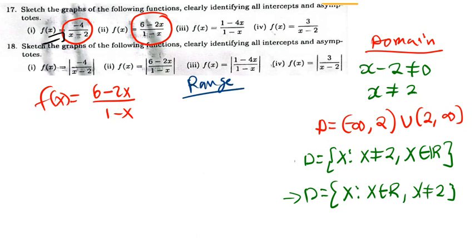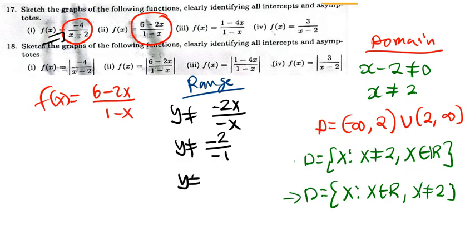Let me show you: y is not equal to negative 2x divided by negative x. So x and x will go. That's why we are just saying you just take the coefficients. So it will be negative 2 divided by negative 1, and you end up having 2.